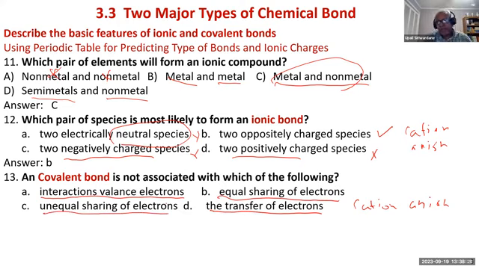We're going to look into covalent bonds, equally sharing and unequally sharing. These are all three possibilities of covalent bond, but this is not associated with covalent bond. D should be the correct answer.